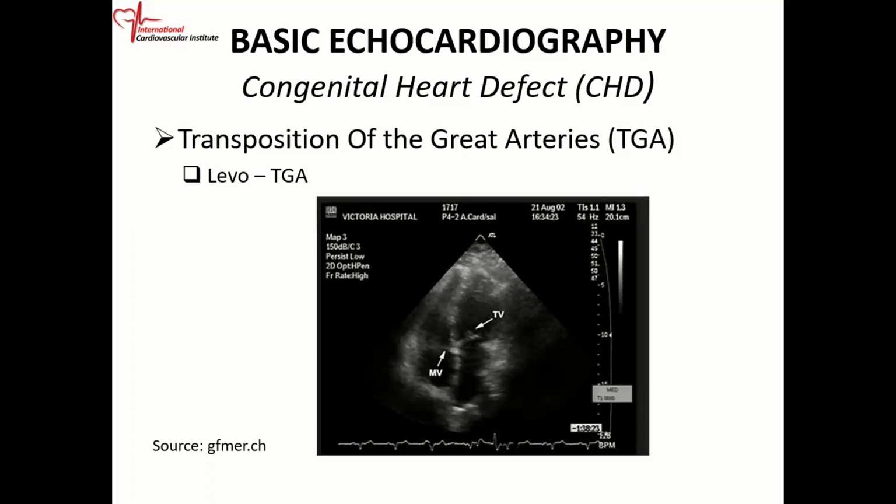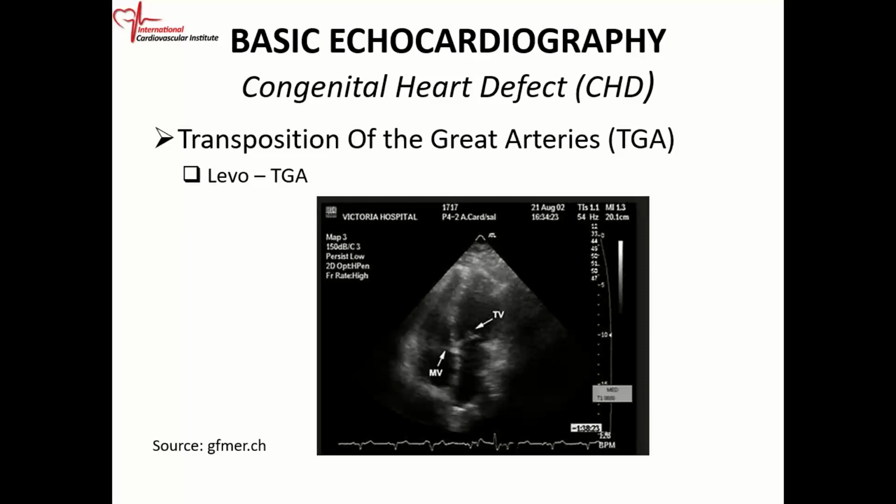And then we have different types of operations to correct this, because remember, it's just the major arteries which are transposed. The right atrium leads into the right ventricle, the left atrium leads into the left ventricle. So if somehow we could switch these vessels, we can correct the problem.